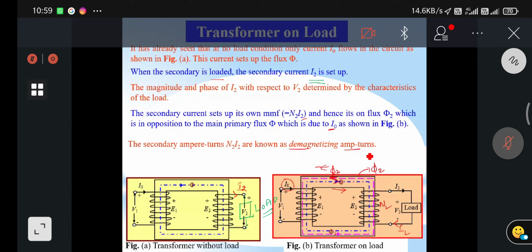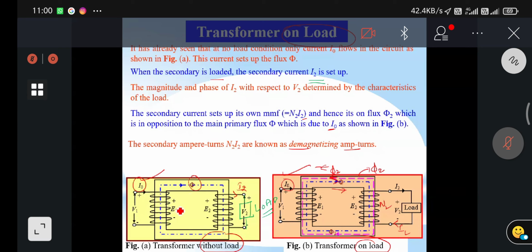As I said earlier, when discussing on-load operation, first of all we go with no load, that is without load. That's why I have drawn this figure, and after that figure B. This is no load: V1 causes the I0 current, which produces a flux.